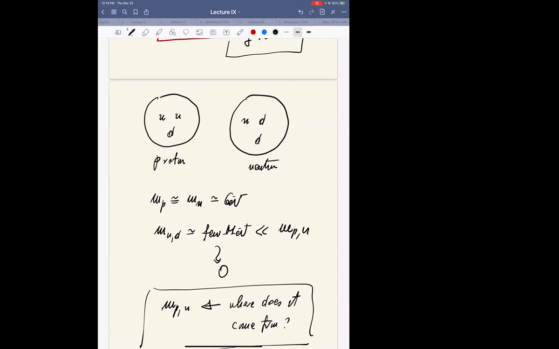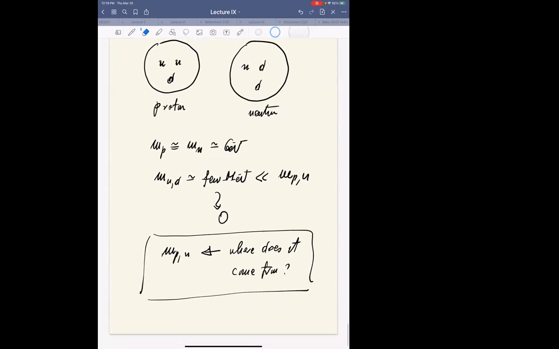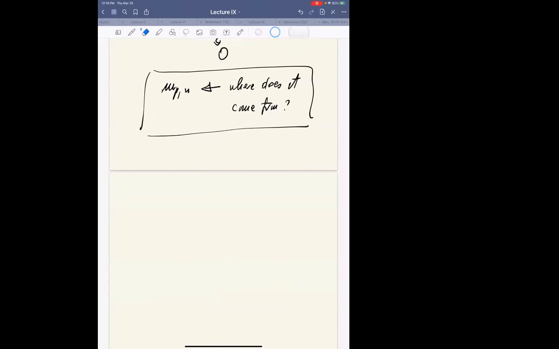You see, these guys inside here, u and d, they are not like some static objects, okay? They are moving crazily inside. They are very strong interactions, and there is an incredible dynamics inside. So there is an enormous kinetic energy. And the answer is from kinetic energy.